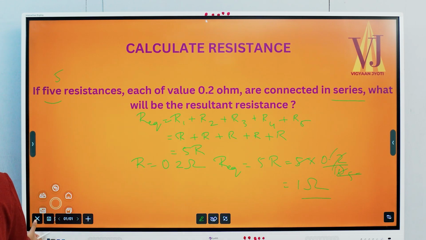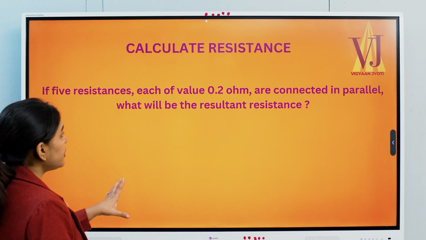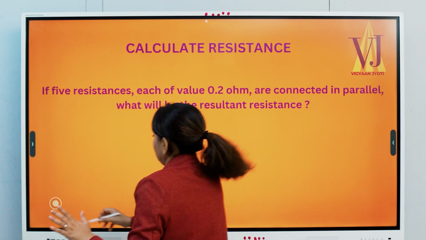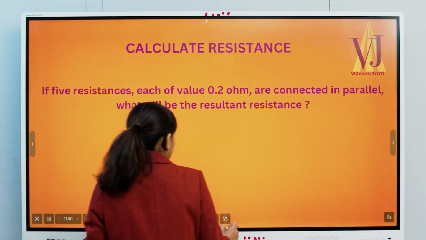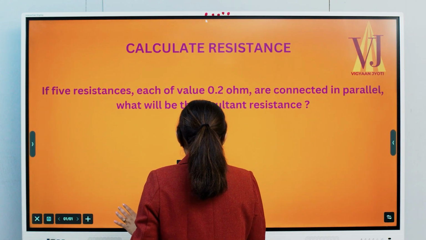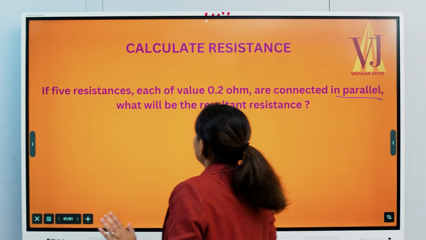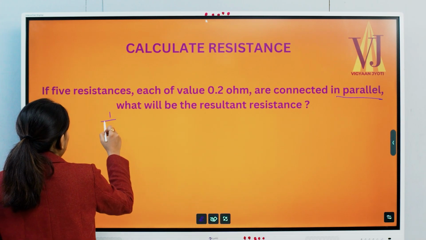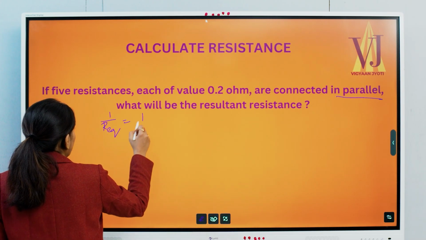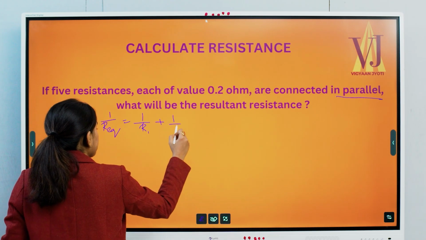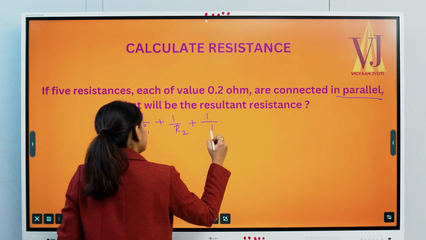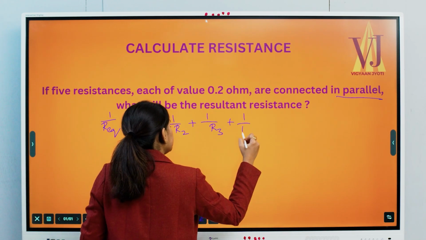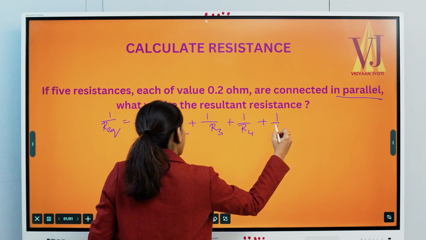Now let's go to the next question. Same question, but this time they are connected in parallel. So what will we do? We know equivalent resistance is equal to 1 by R1 plus 1 by R2 and so on. Fine, we have done.